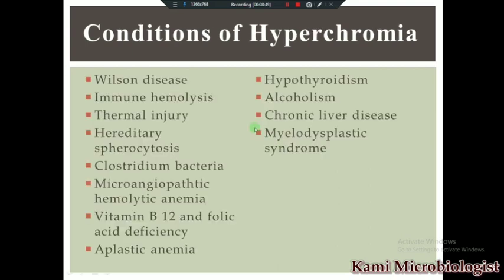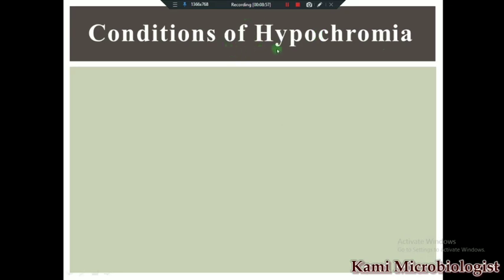These are the main important conditions in which hyperchromia may happen. So this is about hyperchromia, and now we have the conditions of hypochromia.